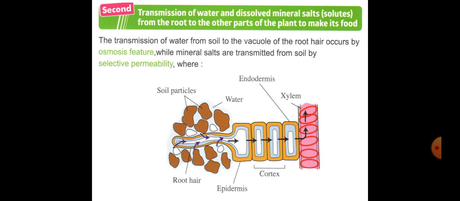Now, the root hair or the roots contain the mineral salts and the water. The transmission of the water from the soil to the vacuole of the root hair occurs by the osmosis process, while the mineral salts are transmitted from the soil by selective permeability, as we said before.